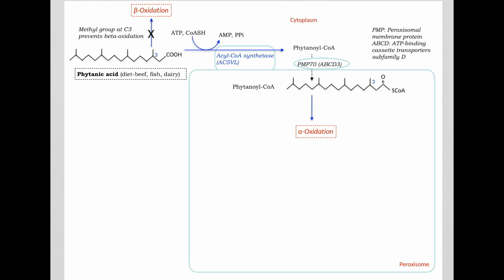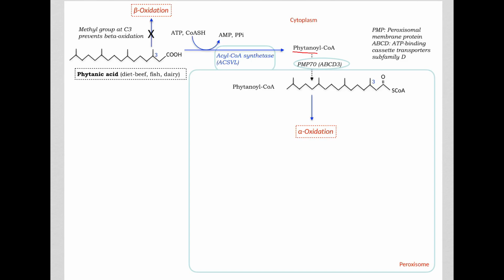It therefore undergoes alpha-oxidation, and in the first step, phytanic acid is converted into phytanyl-CoA on the surface of the peroxisome, catalyzed by the enzyme acyl-CoA synthetase, using ATP and attaching coenzyme A to the fatty acid, thereby activating phytanic acid.